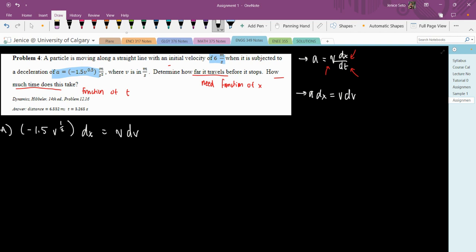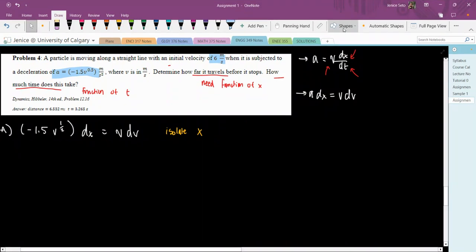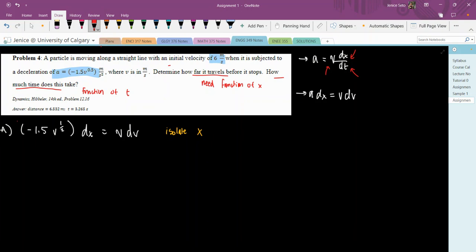So let's isolate our x. In order to isolate for x, we are going to need to integrate. So let's get this x on its own. We have dx equals v dv, divided by our acceleration.